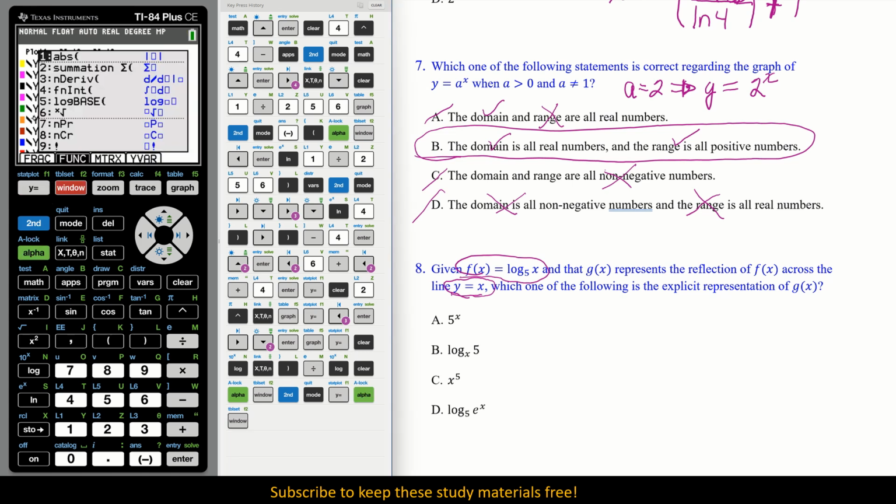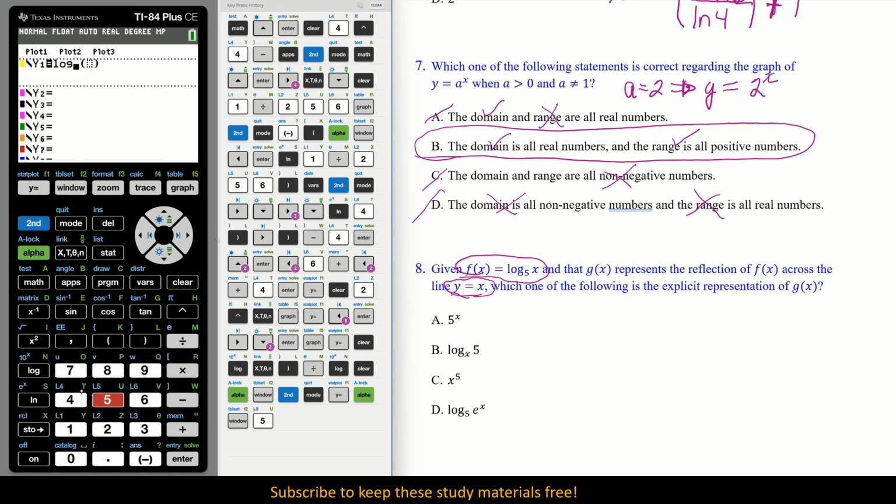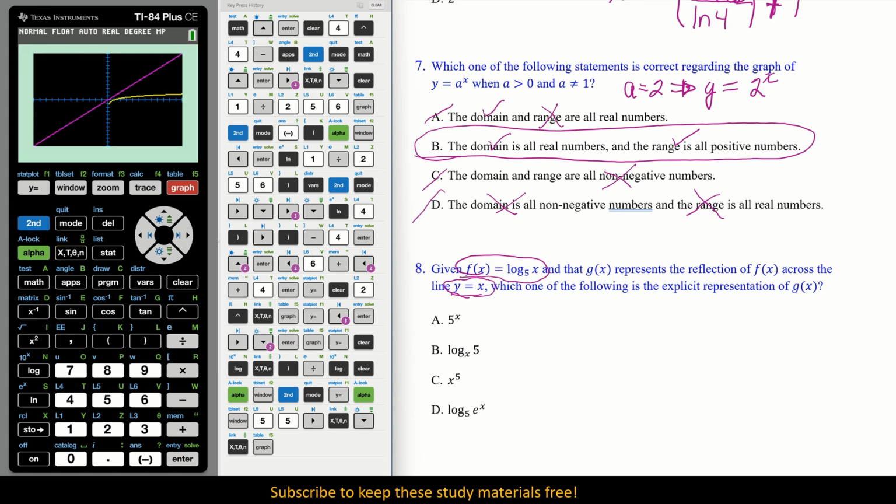Alpha window, and we can go to number 5. So let's push 5, and push 5 again because that's obviously the base we need. And then arrow over, and let's put in our X. There is another way to put that in, right below it, but let's not do that yet. Okay, so let's use our Y equals X. So just push X. Now let's graph this as is.